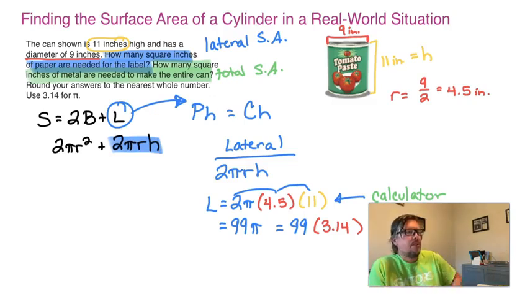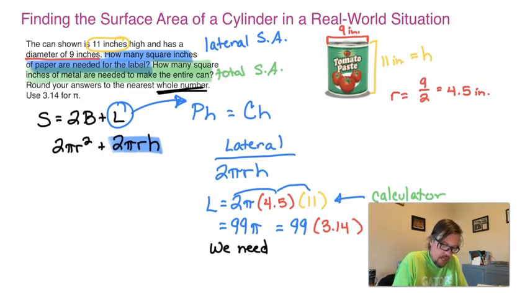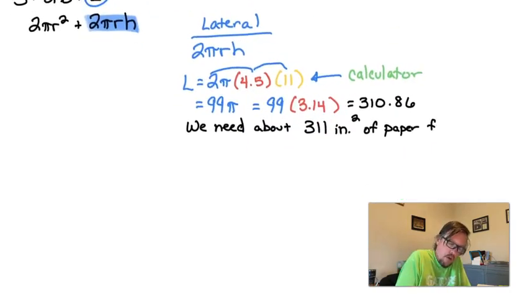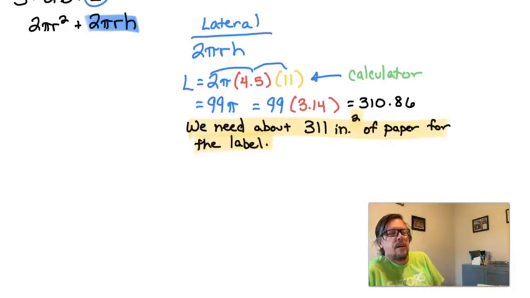The problem says, though, to round your answer to the nearest whole number. So we need about 311, and this is in inches and it's area, so square inches of paper for the label. We need about 311 square inches of paper for the label.